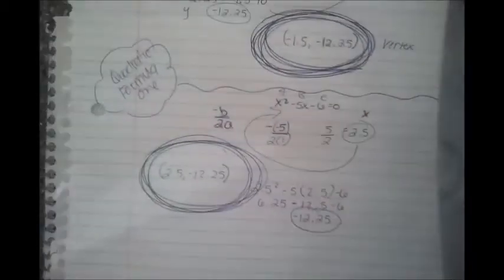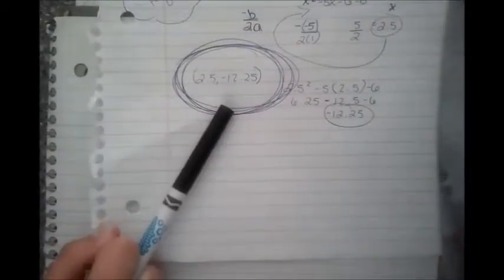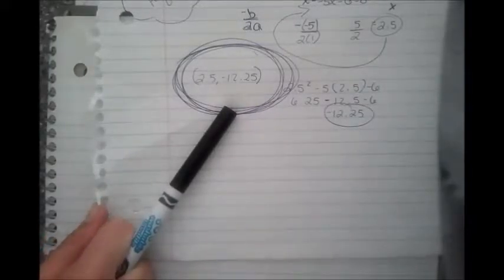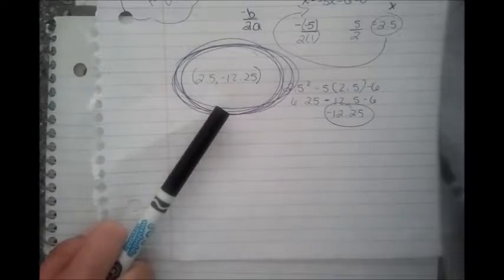Now we can begin to find the points to plot in order to graph the function. We just worked out the problem to find the vertex, which is 2.5 and negative 12.25. Now we are going to plug x values into the original equation so we can graph this.